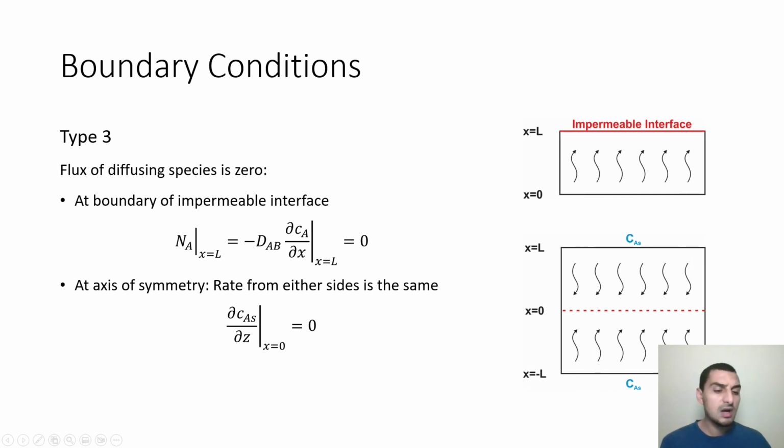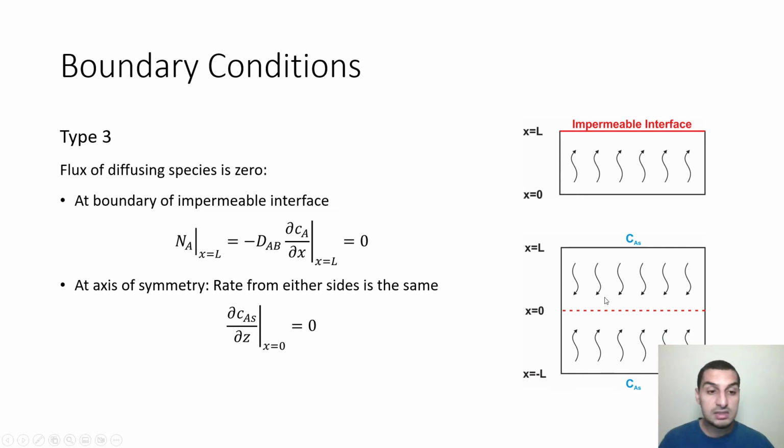And for the last case, if we have an axis of symmetry, so let's say we have two rods here or two plates, and these plates contain a material that is diffusing. The concentration here equals the concentration here. The dimensions are the same. So this line here, the dotted line, is an axis of symmetry. So whatever is beneath this line is identical to what you have above this line.